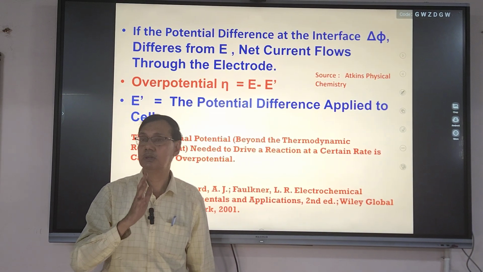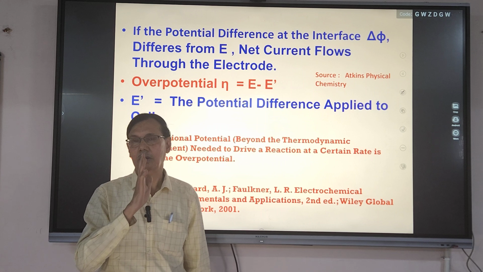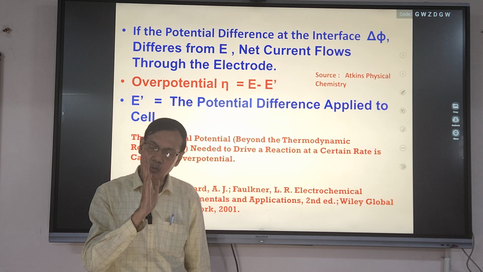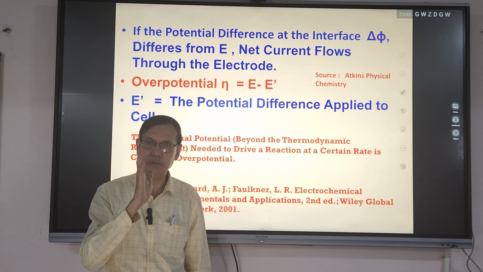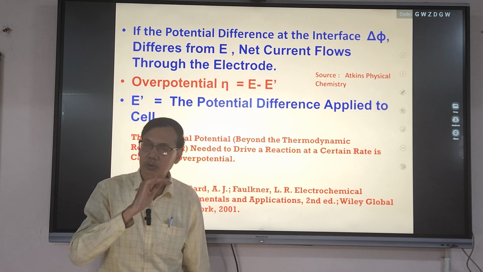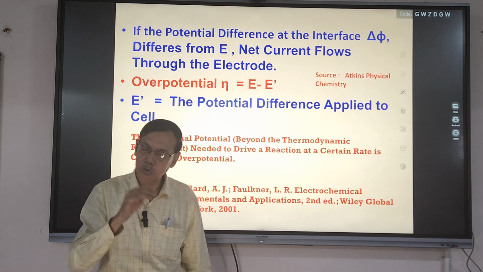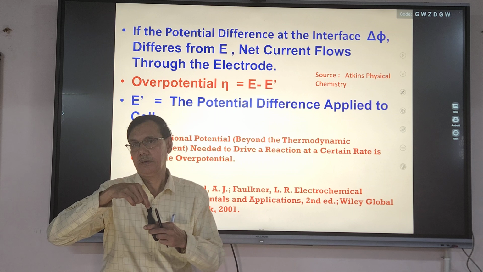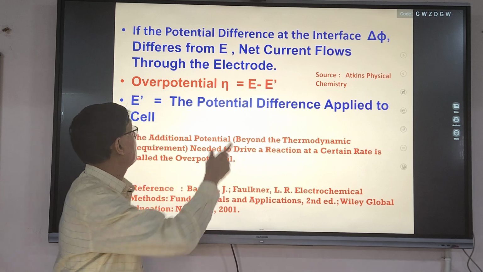That means at equilibrium the EMF is E. But suppose you want to raise or lower it, so we need some external voltage. Therefore it is called the overpotential.